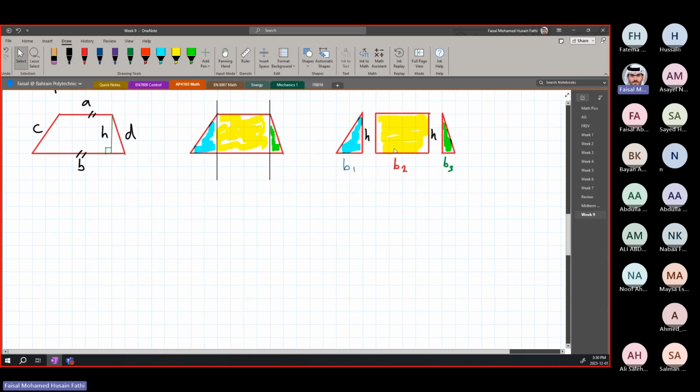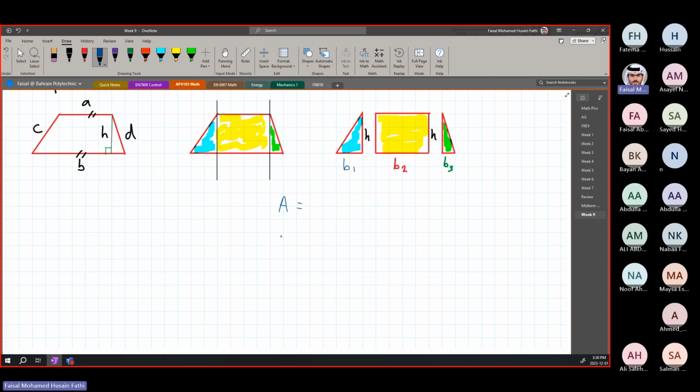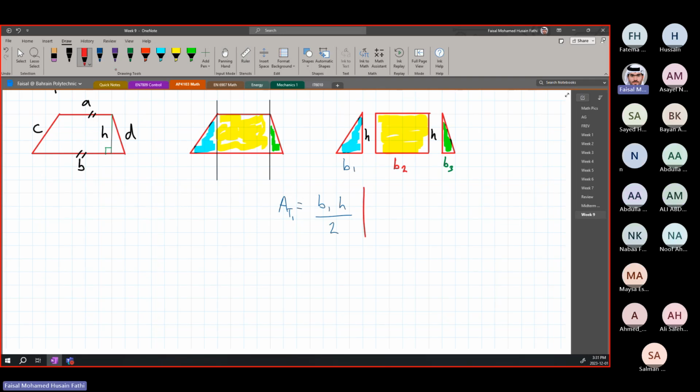So we can find the areas of each specific part by itself. For the blue part, the blue triangle, the area of triangle 1 is simply B1h over 2, which we already know from before. For the middle part, the rectangle, it's simply B2 times height. So the area of the rectangle is B2 times height.